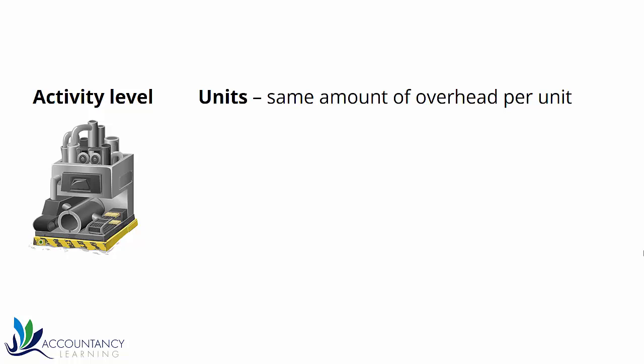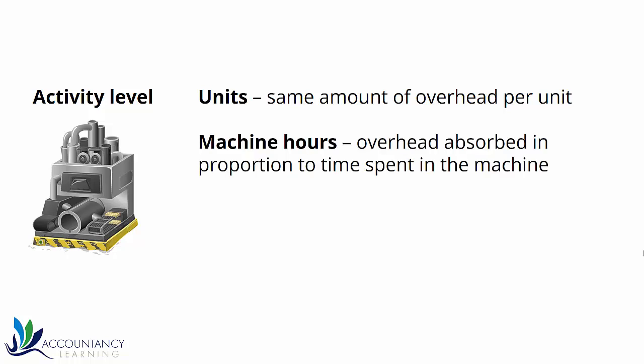It might be more appropriate then to divide by machine hours, and we use machine hours as the basis for working out our overhead absorption. In this case, the overhead absorbed will be in proportion to the time spent in the machine. So if one product takes 30 minutes to make and one product takes 10 minutes to make, then we will include 3 times as much rent cost in the first product than we would in the second product.